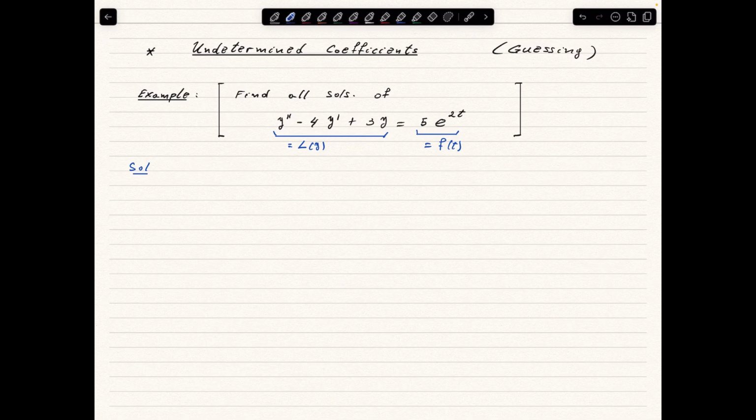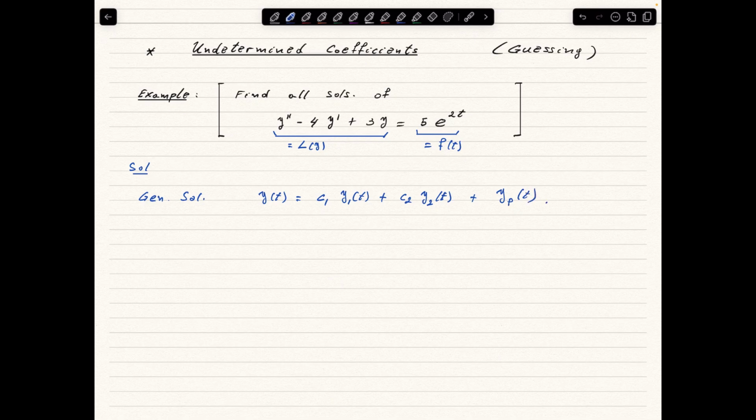Well, we know that the general solution of this problem, we have a formula for that, so we are going to use that formula from the previous theorem. It's an arbitrary linear combination of y1 and y2, which are fundamental solutions of the homogeneous equation, plus a particular solution of the non-homogeneous problem.